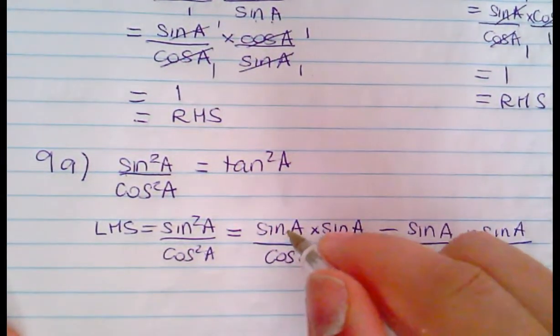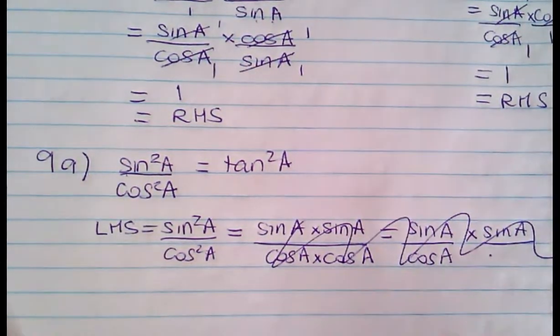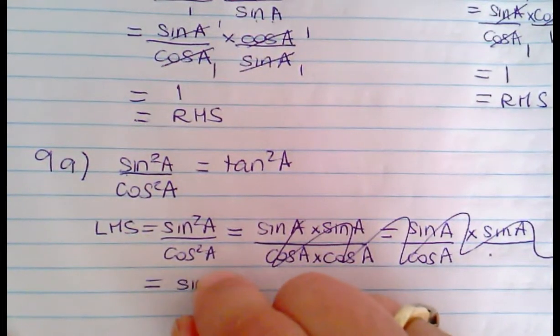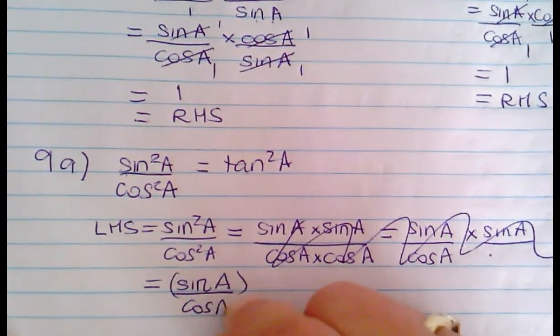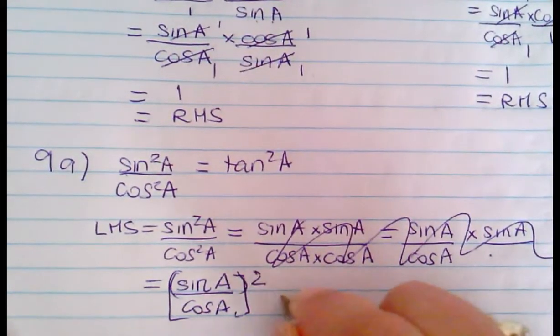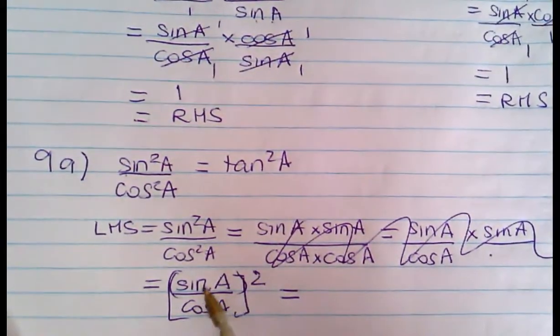I'm going to do it another way. Why don't I just do it like this: it's sine A over cos A, and they're both squared. That looks better.